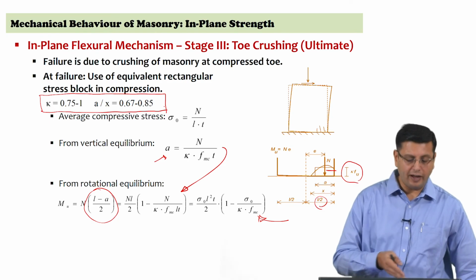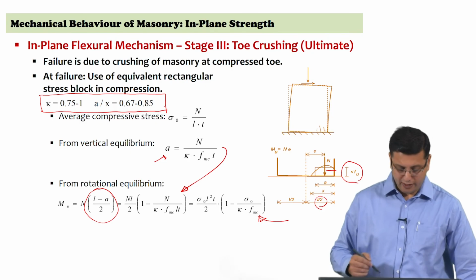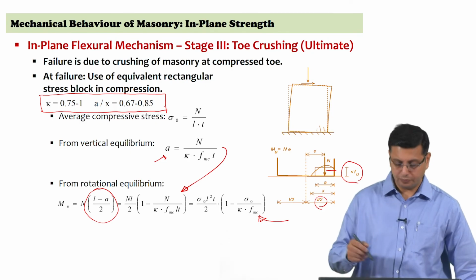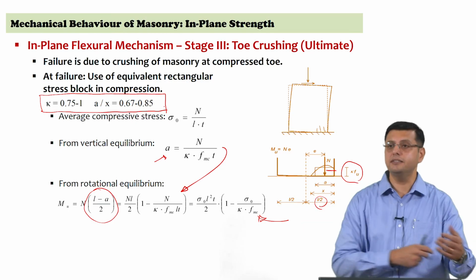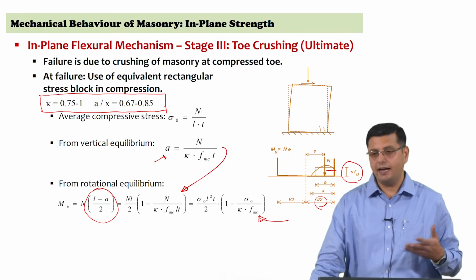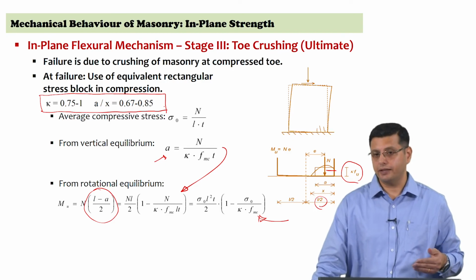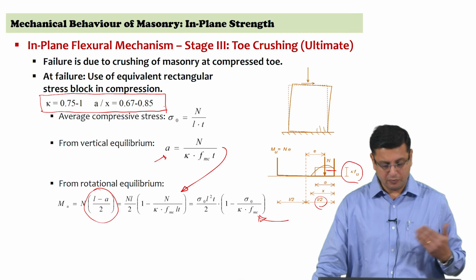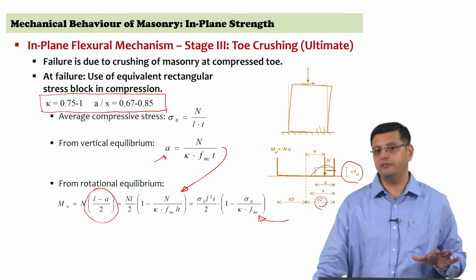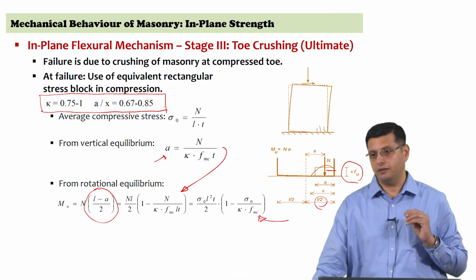So, you can assume values between these for different types of masonry, and therefore, now you have an expression for the ultimate moment Mu given the knowledge of the axial compression level and the compressive strength of masonry, basically considering that failure is occurring under a flexure dominated mechanism of toe crushing itself.